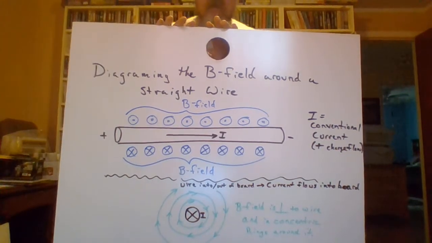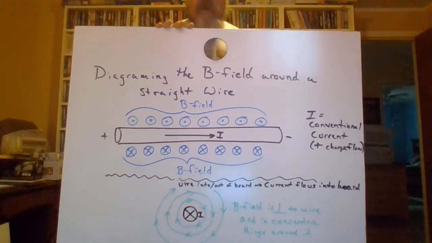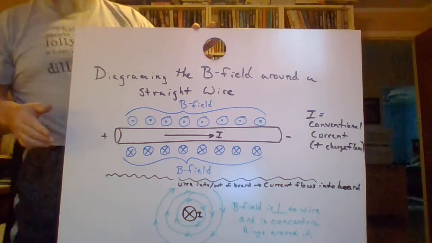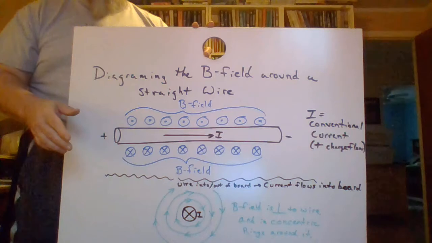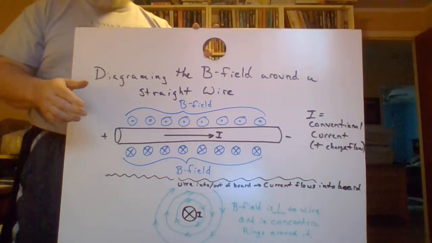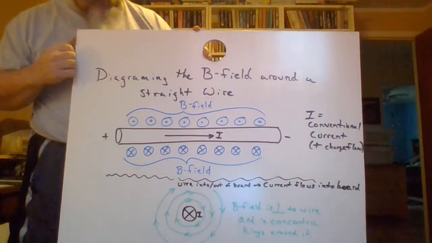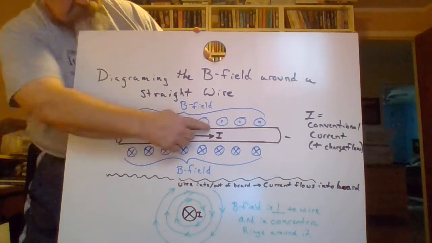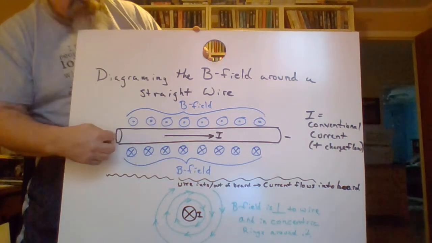Okay. Now, if you haven't already downloaded it, make sure you go to my webpage and download the right-hand rules worksheet for this, okay? We have to use the right-hand rules to represent our diagrams here, okay? So imagine this is our wire, the black part of the drawing here, okay?